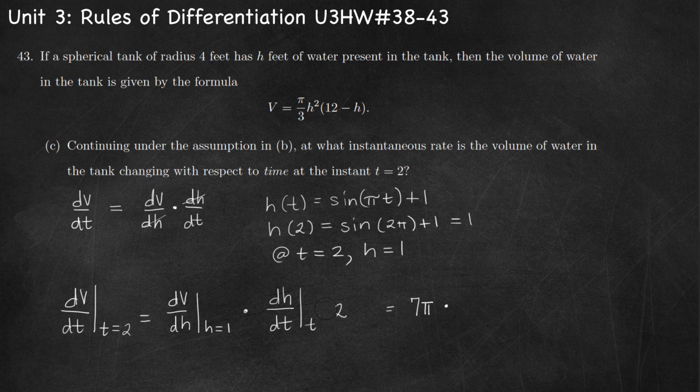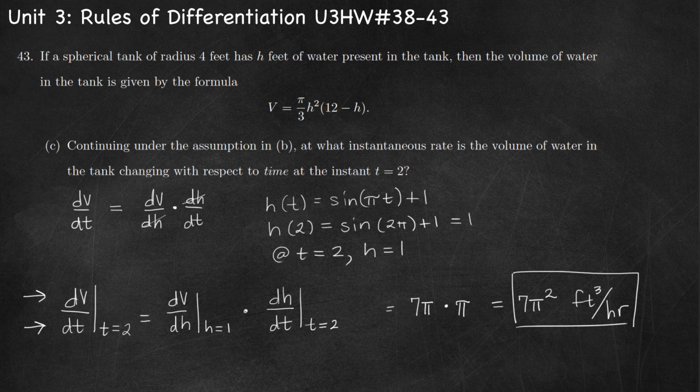Let me fix that. When t equals 2. There we go. That looks better. So dh/dt when t equals 2, we found that to be pi. And so our answer dV/dt will be 7 pi squared. And to get our units, we take the units for V per the units for t. So the volume was measured in cubic feet, so feet cubed, per hour, since time t was measured in hours. So our answer, 7 pi squared cubic feet per hour.